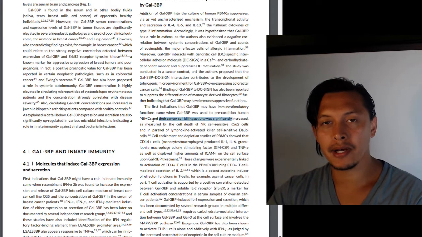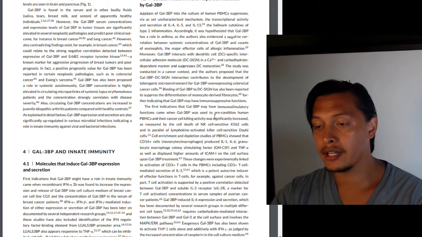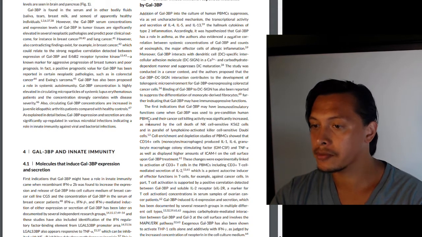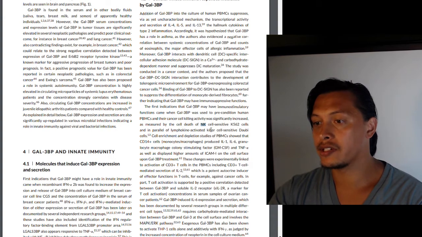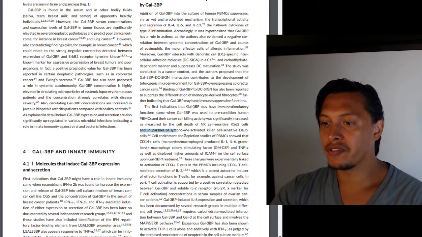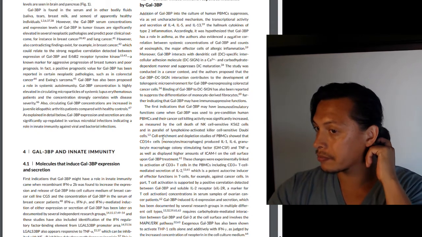So yeah, I take back what I said earlier. It sounds like the galectin-3 binding protein might be able to increase the cancer cell killing activity of those lymphocytes. And this was measured by the cell death of the natural killer cell sensitive K562 cells, and in parallel with lymphokine activated killer cell sensitive Daudi cells.